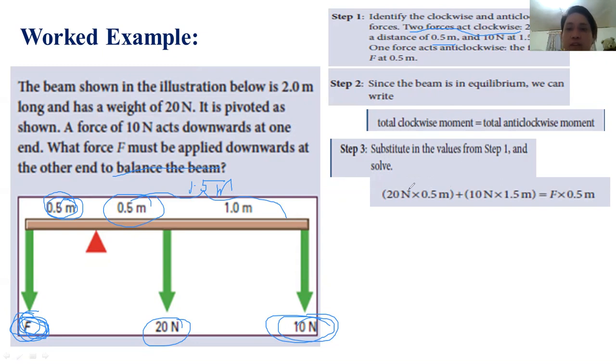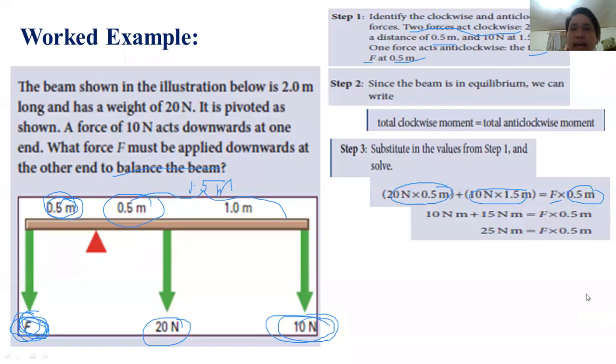So we have 20 newton times 0.5 meter, added to 10 newton times 1.5 meters, is equal to F times 0.5 meter for our anti-clockwise. Remember, for the anti-clockwise, we have the force F, which is what we are looking for, and the D, which is 0.5. So let's just do the math.